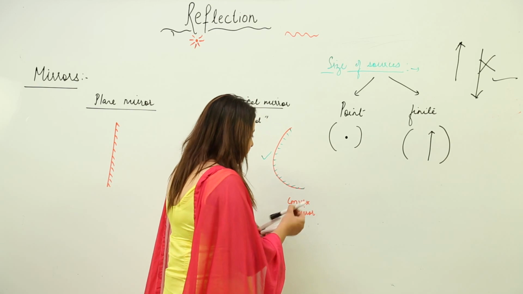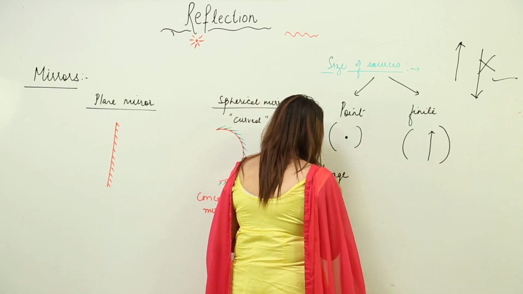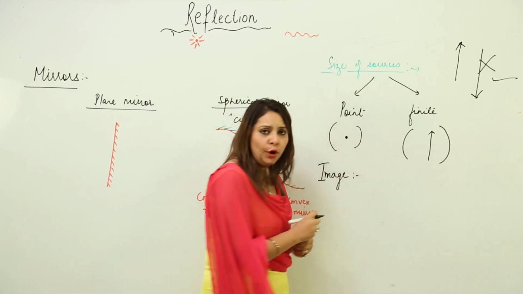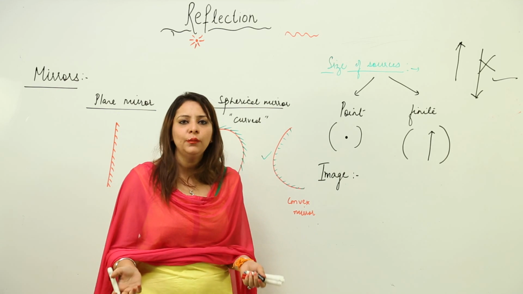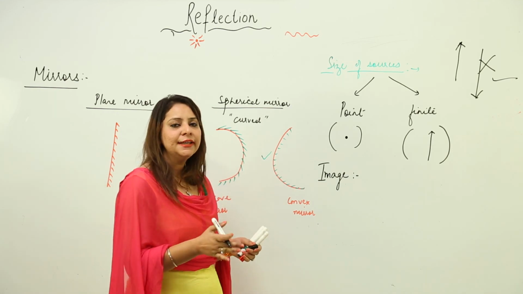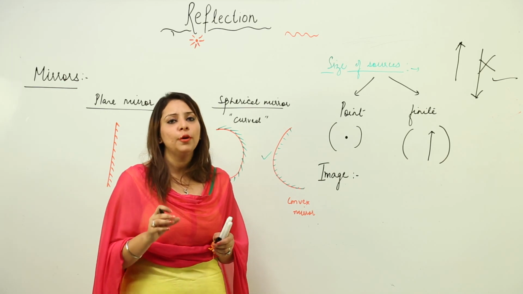Now, what about the image? We know that an image is formed. You know where the image is formed. An image is not formed randomly anywhere. It is formed at a certain place, and a certain condition should be fulfilled in order to form an image.